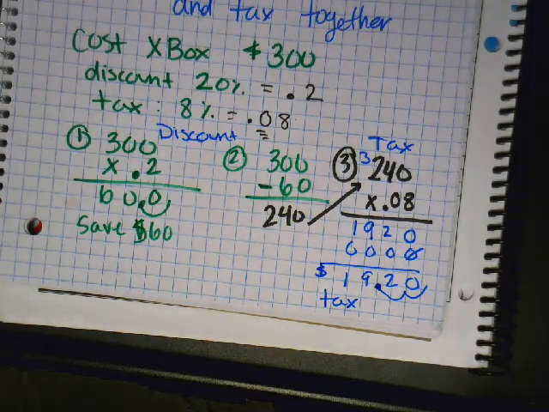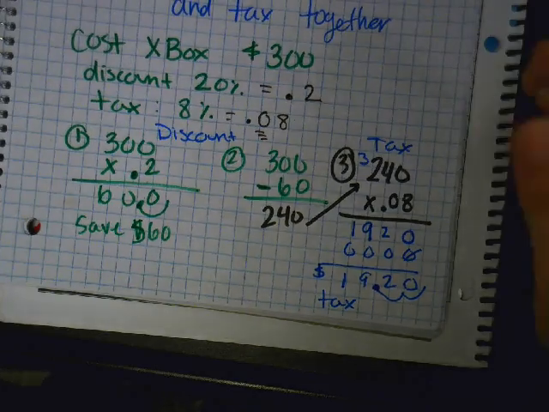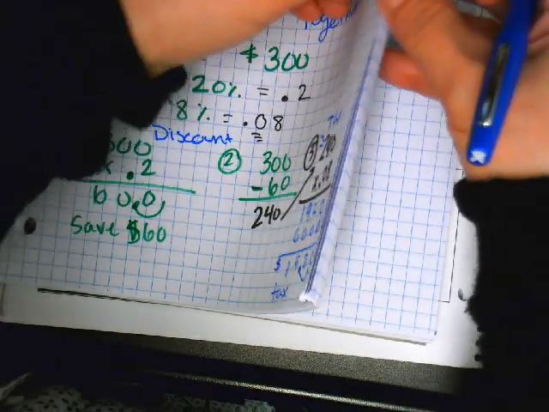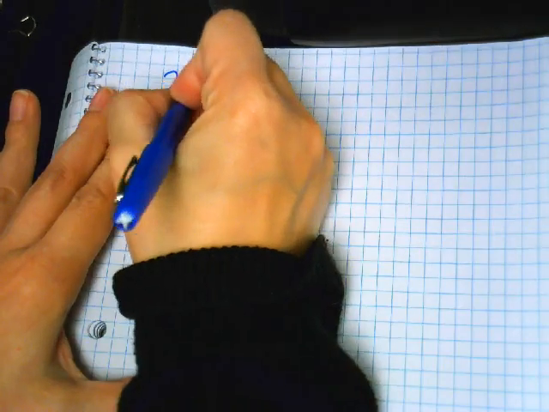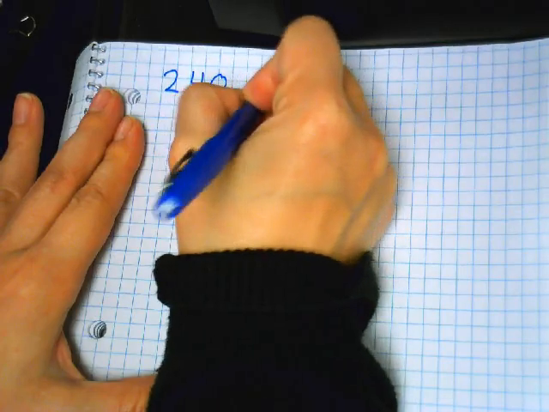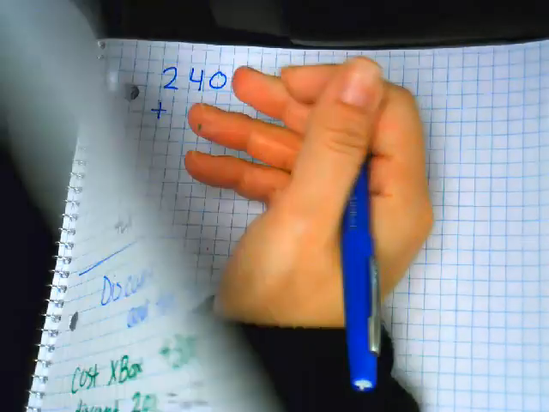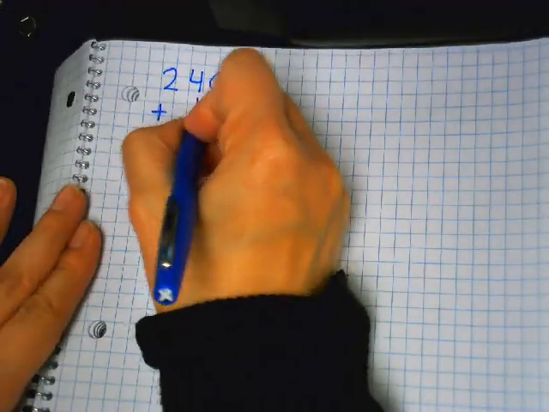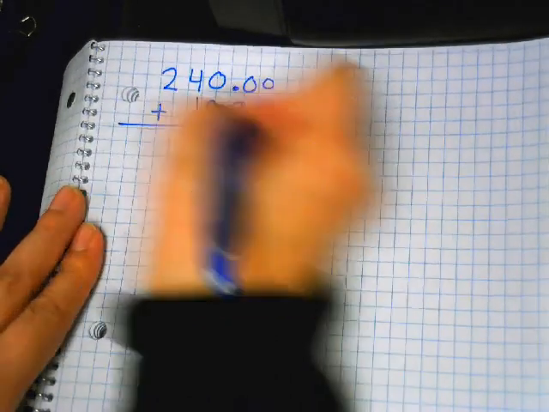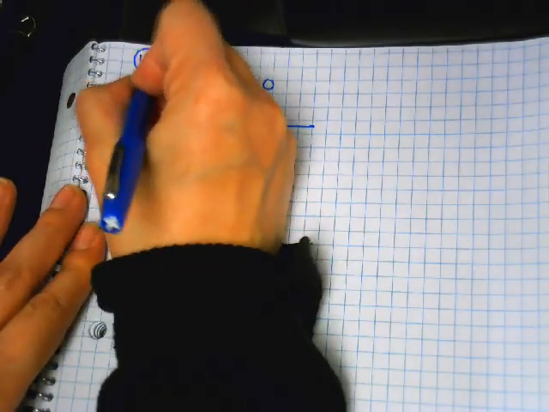Add. Okay, I'm gonna have to turn the page. Where is my decimal on 240? Behind, and then I'm gonna add 1920. So this is step 4 in your tax.